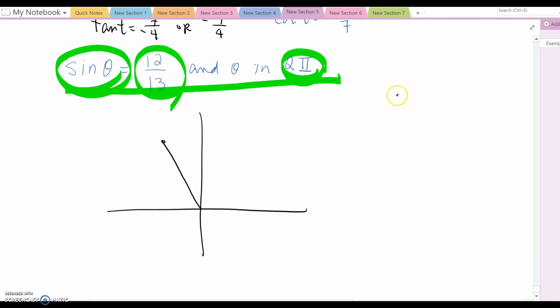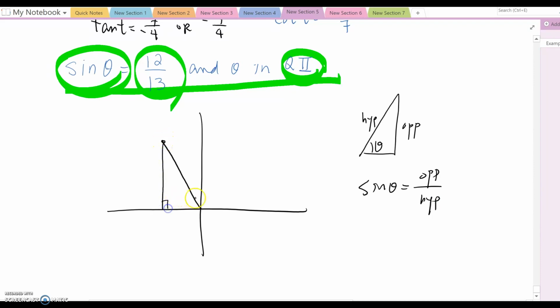Now from the triangle, if any theta is given here, then sine theta is defined as opposite over hypotenuse, right? Then I can draw a triangle like this. Based on this angle theta, this is the opposite and this is the hypotenuse.